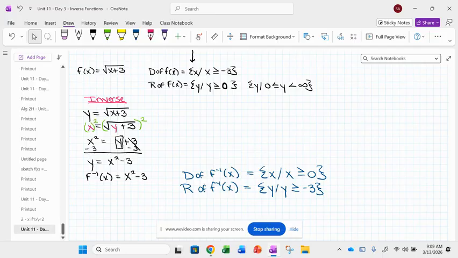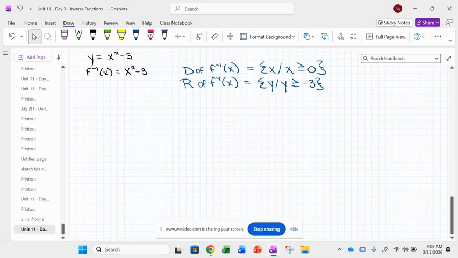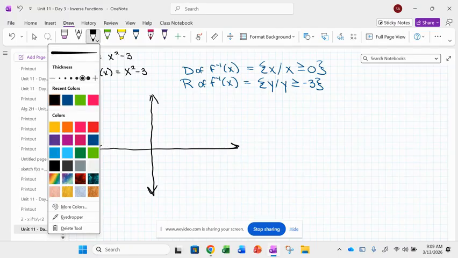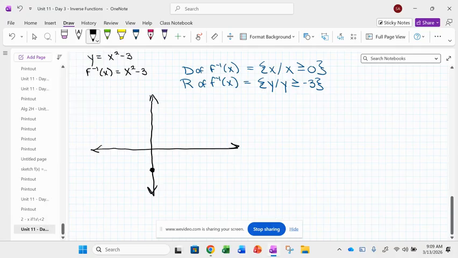Guys, you don't have to do this right now, but you could watch me. Let's just sketch this, okay? Let's sketch this to see what this sketch would look like. So if we are sketching the parabola itself, do you agree that we are moving 3 units down? I'm going to find my x and y intercepts.